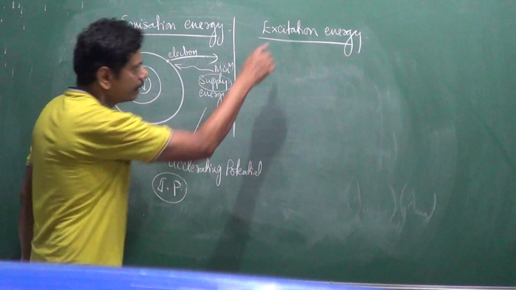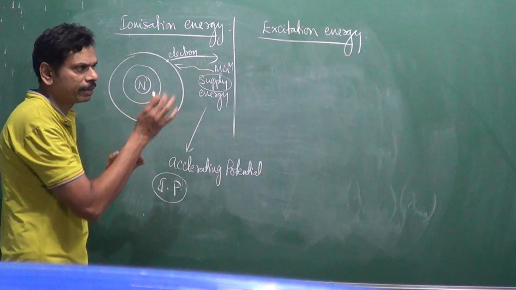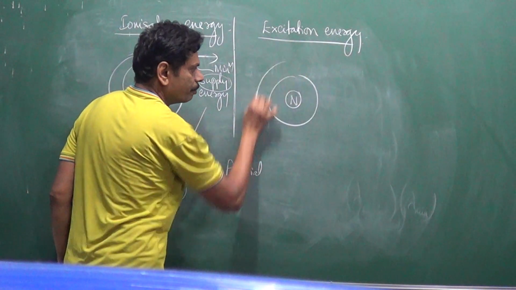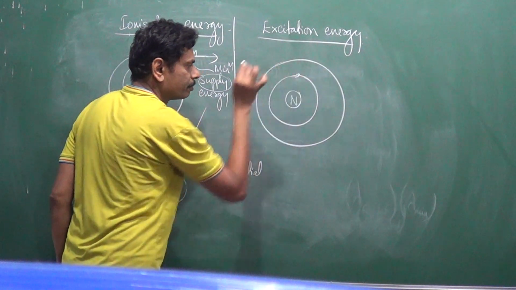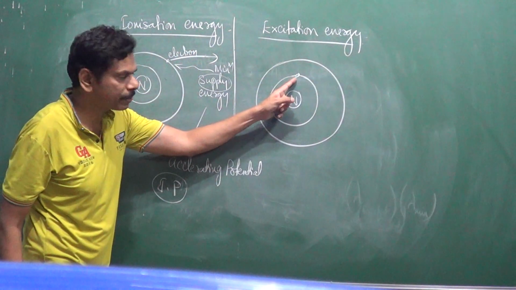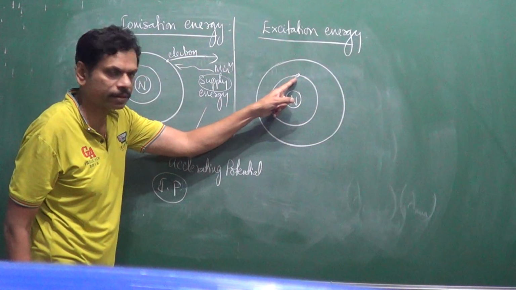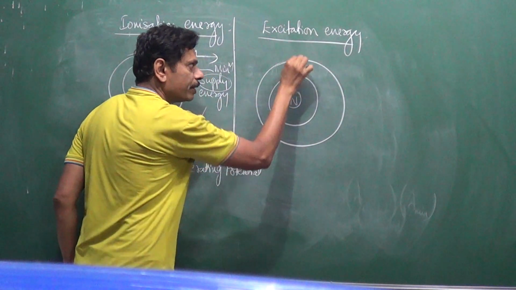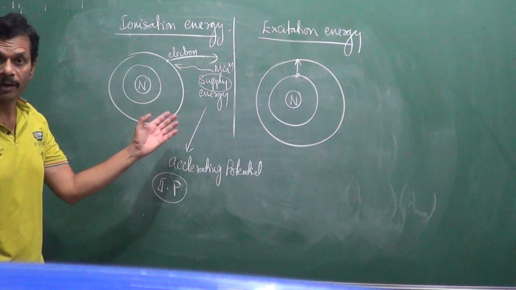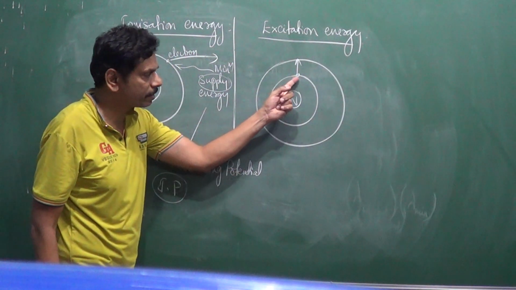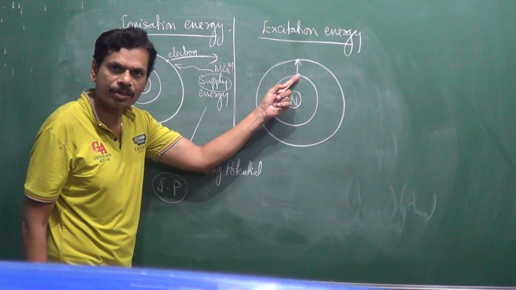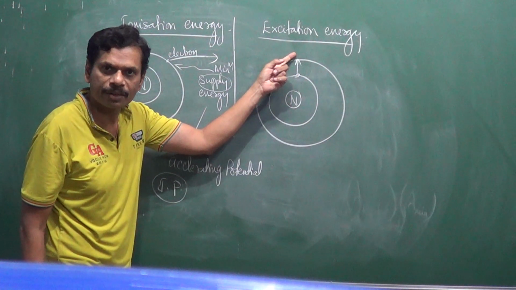Excitation energy means a small difference is there. See, this is a nucleus. Electron may be present in the first orbit. This is an electron. Now the electron may be jumping from one orbit to the other orbit. We are not removing the electron here, but the electron is jumping from a lower energy orbit to a higher energy orbit.